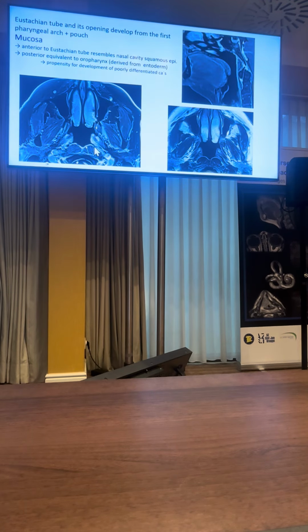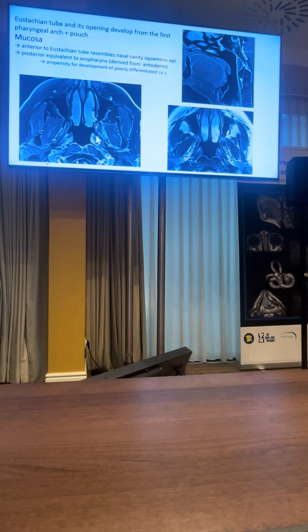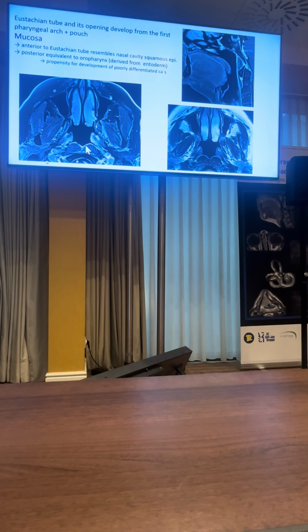So let's look at the mucosa. It's the Eustachian tube and its opening that is formed from the first branchial arch and pouch. So anteriorly to the torus tubaris, the Eustachian tube ostium, we have a mucosa that is different from the posterior mucosa. It's thinner.